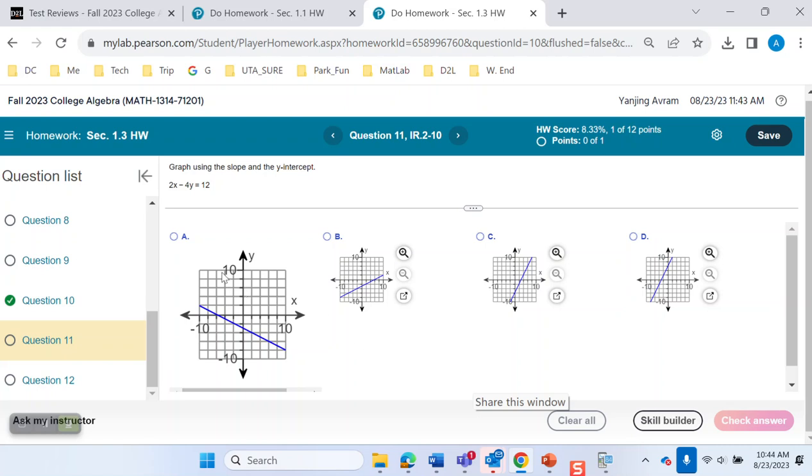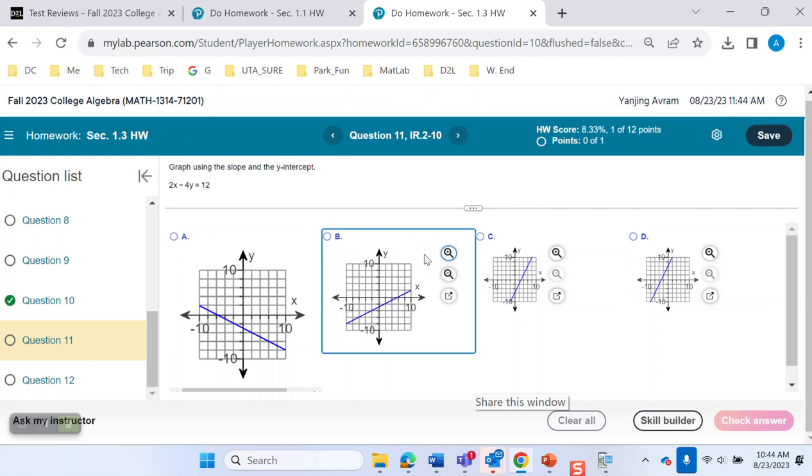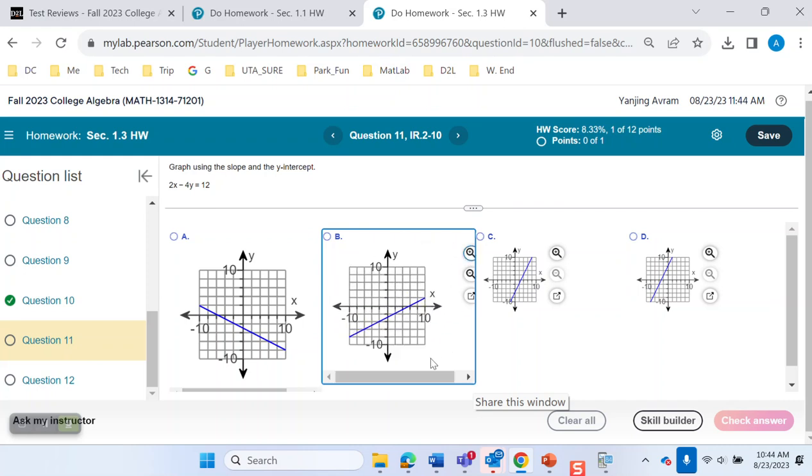Or if you want to graph on your own, there are several ways to do this. You can put it in a calculator to graph, but you have to solve for y in order to use the calculator. Or you can find your x-intercept and y-intercept, graph on your own, and then match the graph here.